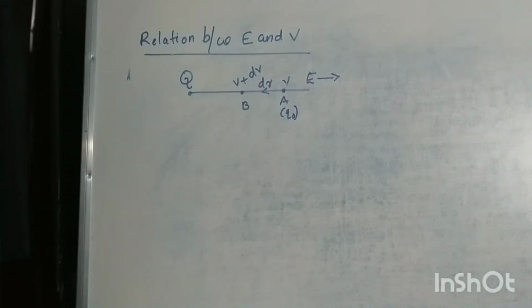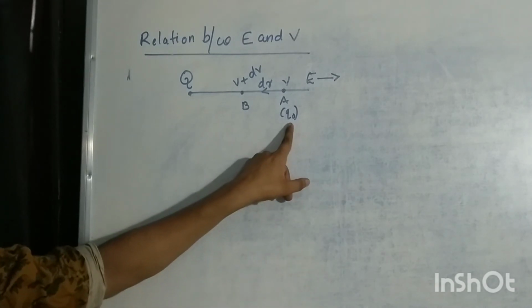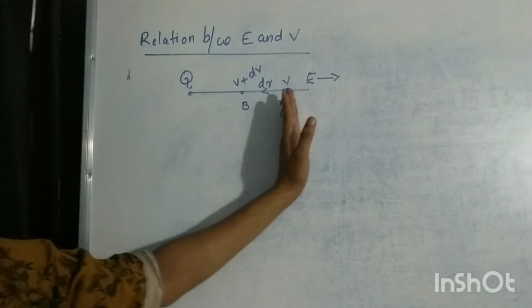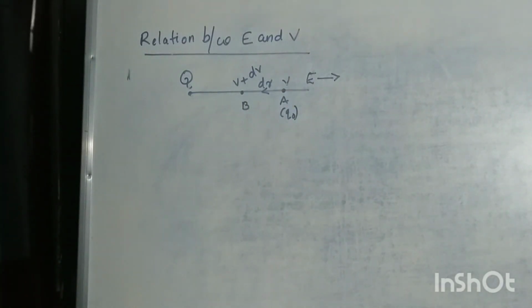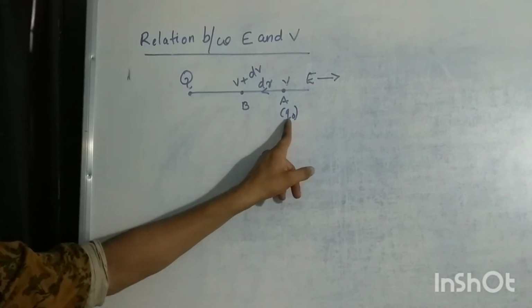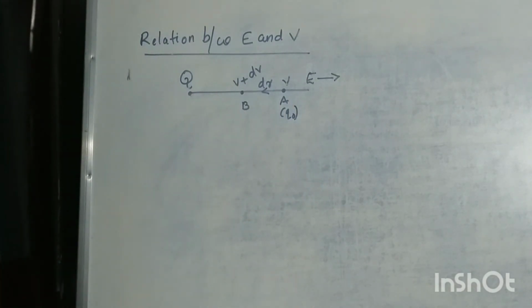So we know that there will be an electrostatic force acting in this electric field. The electrostatic force is actually away from this charge. Q0 will feel a repulsive force from this capital Q, so normally it moves in that direction. So we need to apply a force and bring this Q0 from A to B. So the direction of force is actually negative.